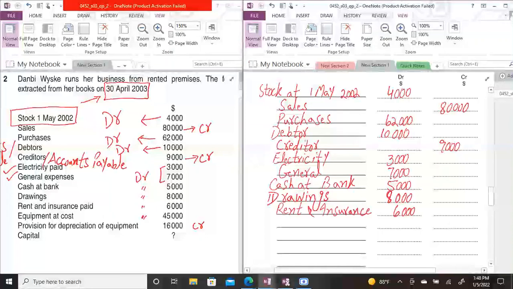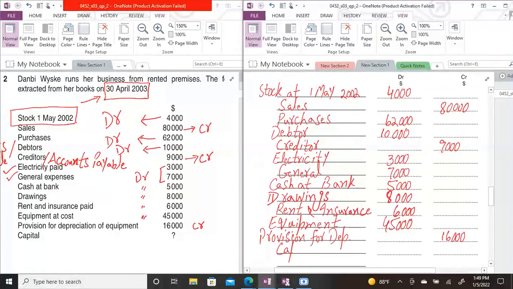Equipment is an asset, non-current asset, so it is also 45,000. Then provision for depreciation on equipment, so reducing the value of the asset, this will be credit.